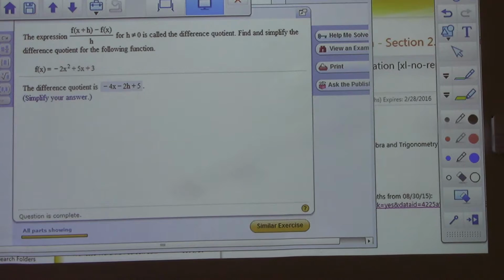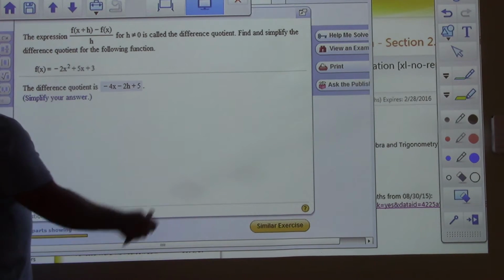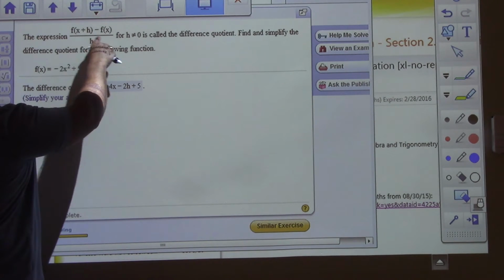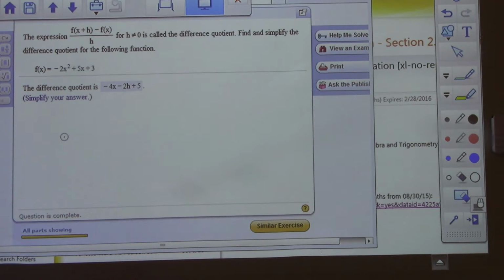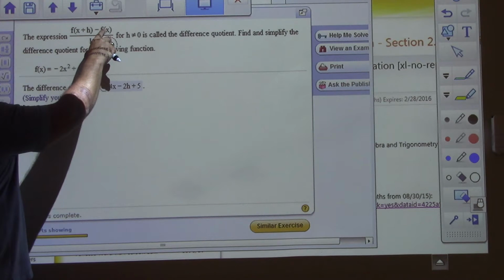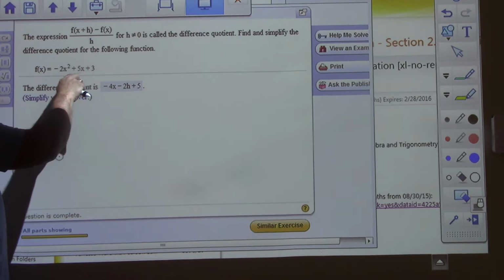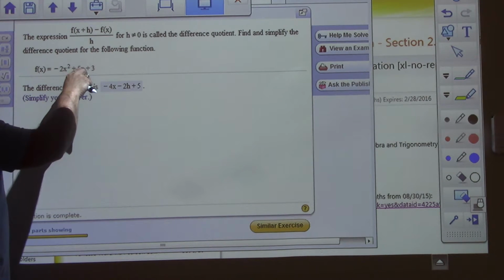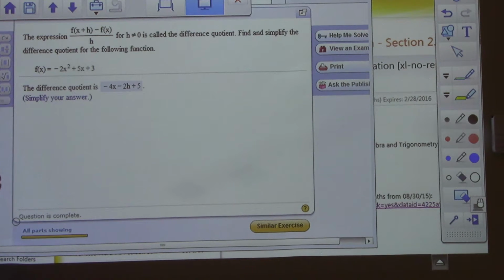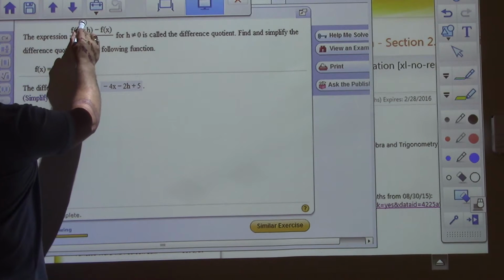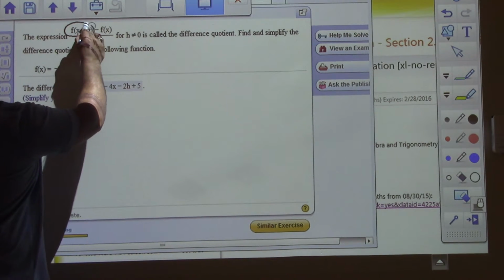So first of all, you rewrite this in terms of what you're going to do. That means that wherever there's an f, you've got to plug in this, and wherever there's an x, you've got to put a big set of what? Parentheses. So the first part, we'll draw a little oval around this.